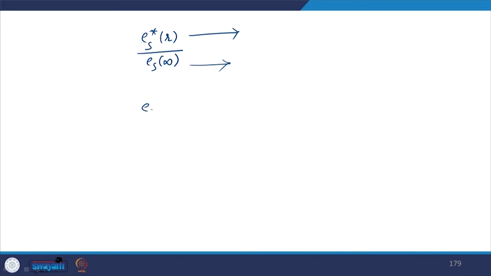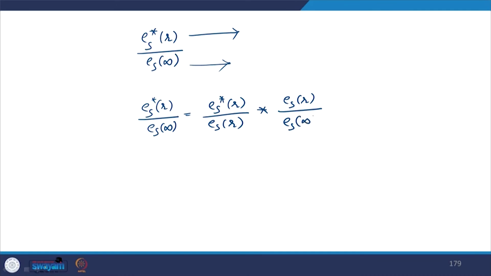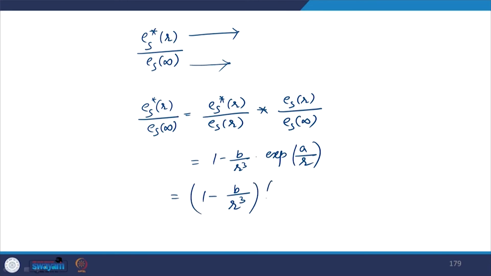So we can write that Es star of r divided by Es of infinity is equal to Es star of r divided by Es of r, into Es of r divided by Es of infinity, which is 1 minus b by r cube into exponential a by r, which is 1 minus b by r cube into 1 plus a by r.